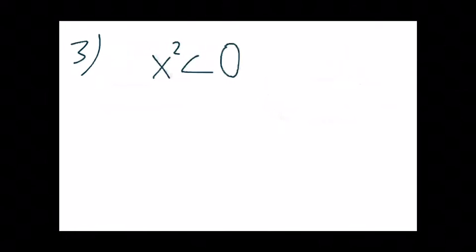Alright, next we're going to look at an inequality that has no solution at all. x squared is smaller than 0. Try any number you like. There will not be a single one that satisfies this inequality. The reason behind this is because any number squared will always be larger or equal to 0. Even negative numbers.